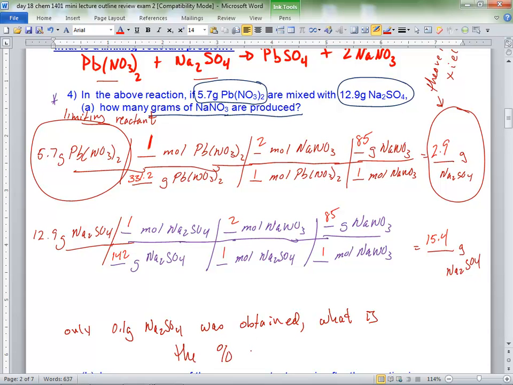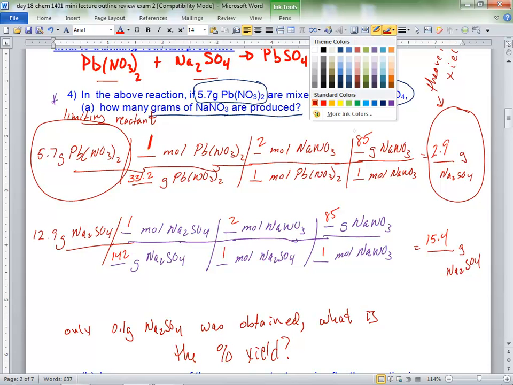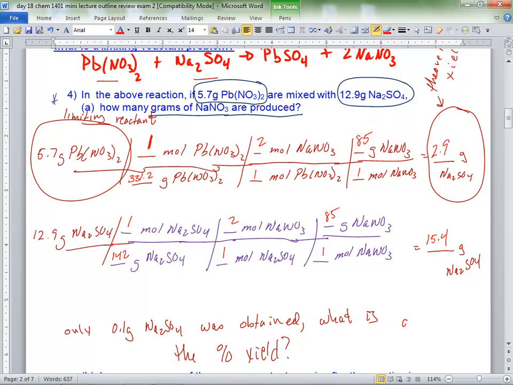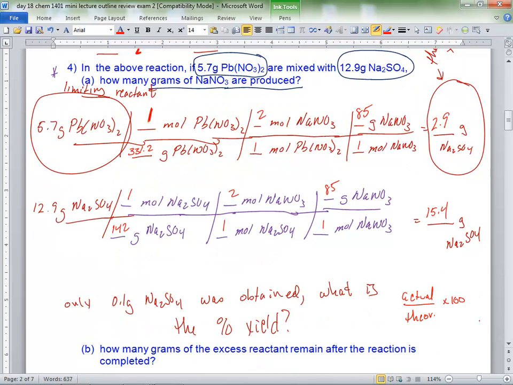How do you handle that? Actual over theoretical times 100, because theoretical is the maximum, so that's always the bottom. So it would just be 0.1 over 2.9 times 100.